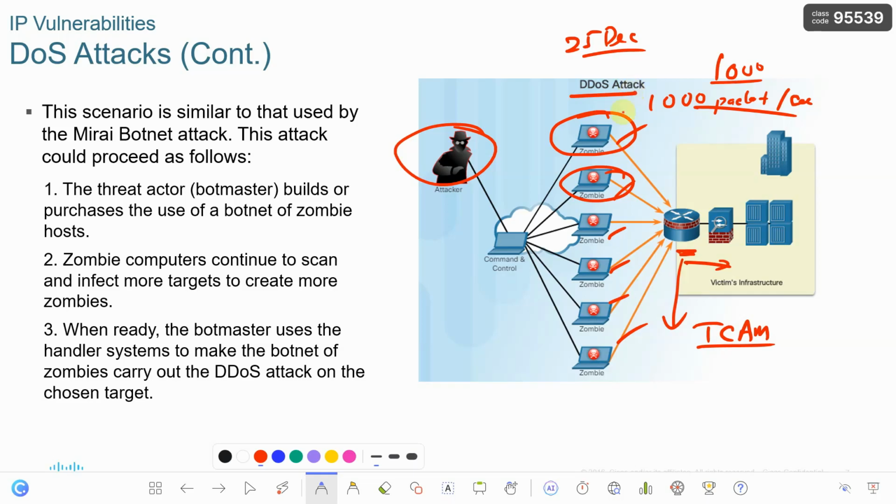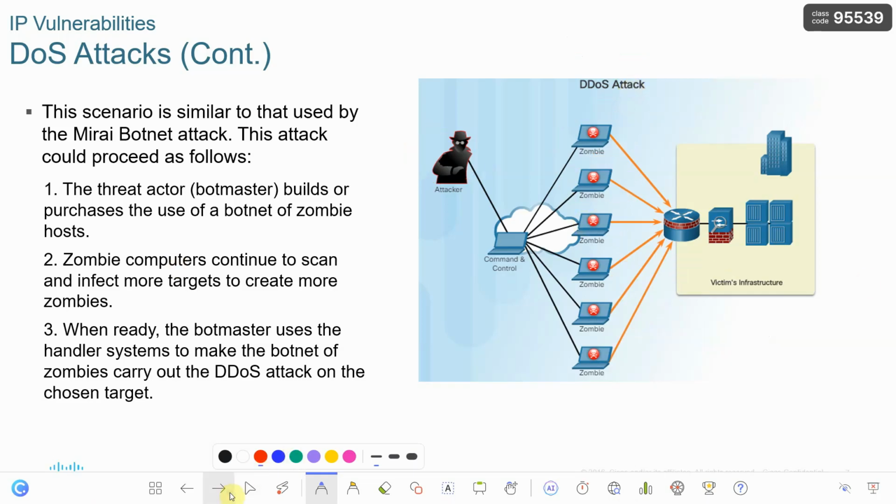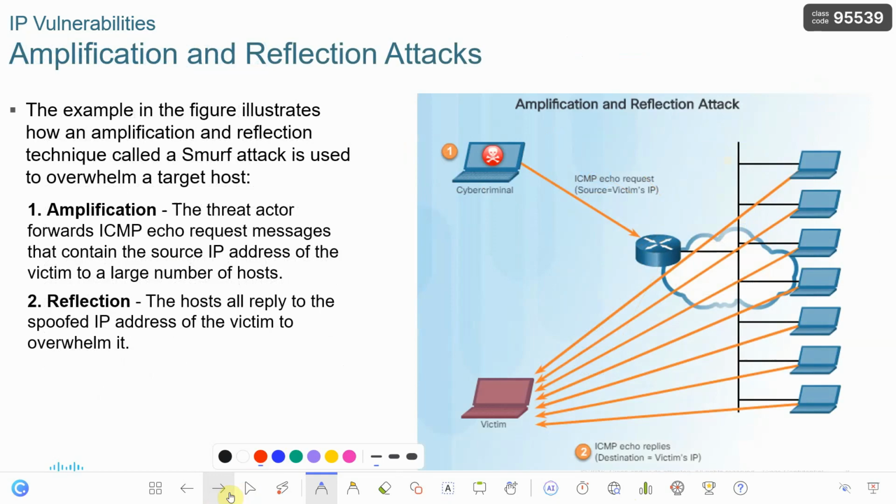Let's take a look at whether there is some other type. Yes, you can do amplification, right? Amplification is, instead of a lot of machines being infected, you have one, and you send traffic to many machines because of how ICMP is designed. Because of how ICMP is designed, it allows reflection. So you have an echo request and an echo response.